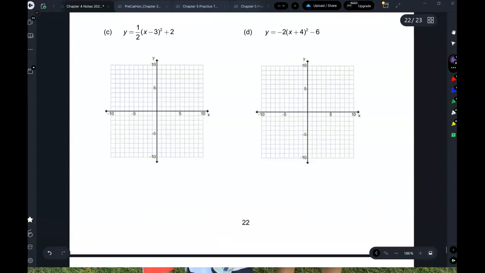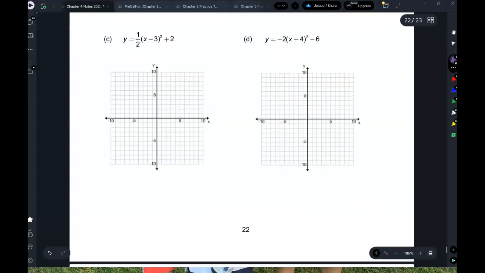Oh, I forgot to put the lines for the transformations here. Okay, so Maddie, where does this 2 move it? Up. What about the 3? To the right. You go opposite to the sign. Okay, Sam, what does the 1/2 do? The 1/2 multiplies. Right? It's a vertical compression. Okay, so there is a vertical compression.